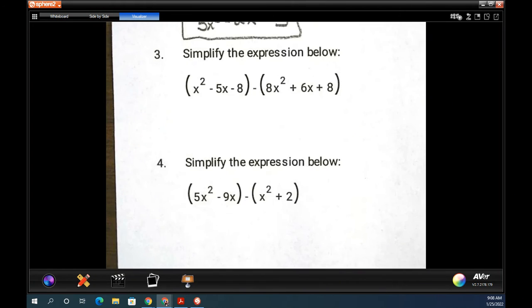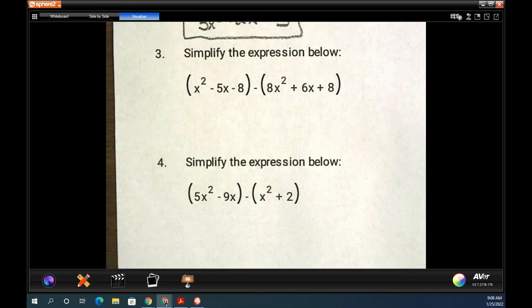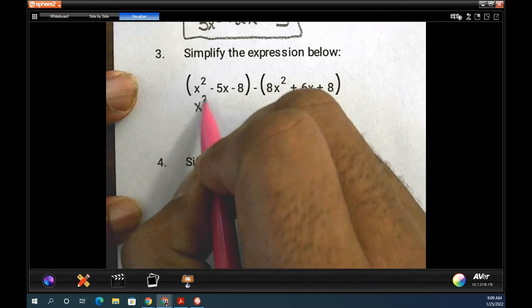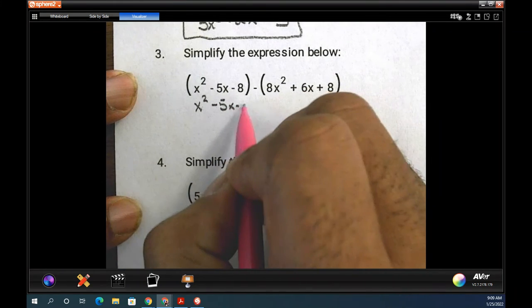Try number 3. Distribute that negative. Okay, it should be x squared minus 5x minus 8.